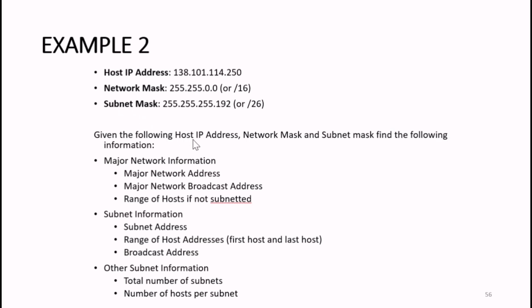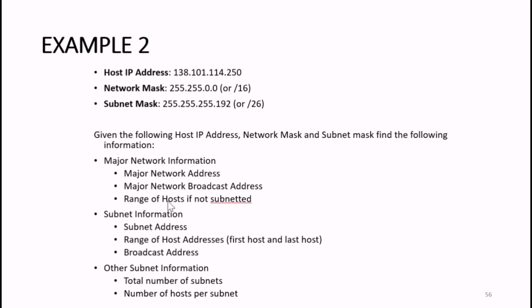Given the following host IP address, network mask, and subnet mask, find the following information. The question asks to find the major network information, which is the major network address, major network broadcast address, and range of hosts if not subnetted. Major means the class B, so you need to find the class B network address and also the class B broadcast address.